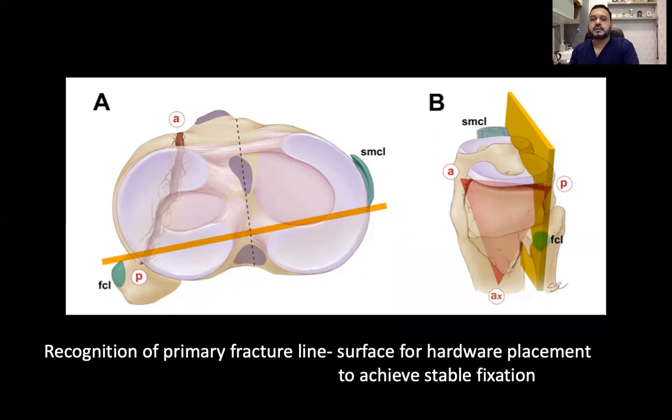Because recognition of the primary fracture line is important, as that will determine the hardware placement, where you should put that hardware in order to make the fracture stable. The purpose of every classification is to increase its reproducibility and advocate some treatment plan based on that classification. So this classification is very useful.